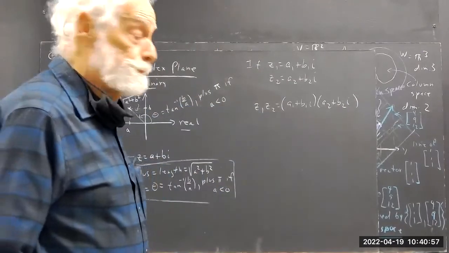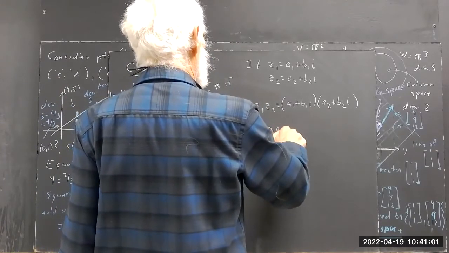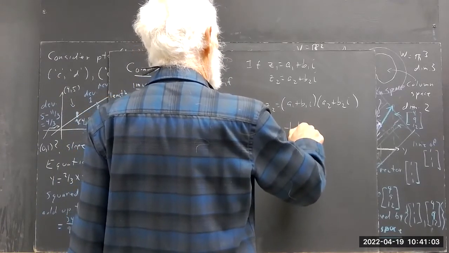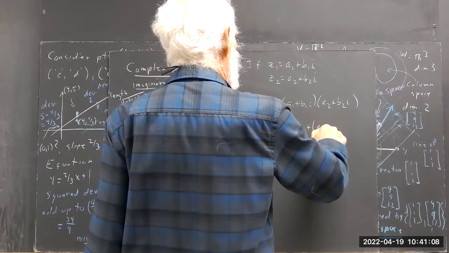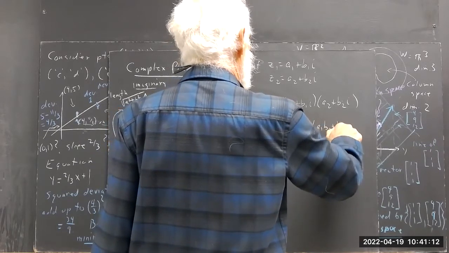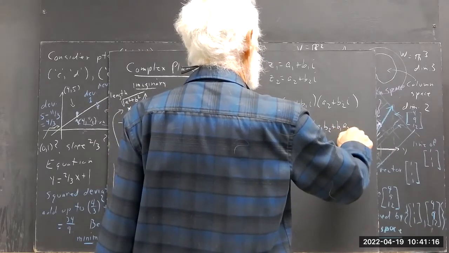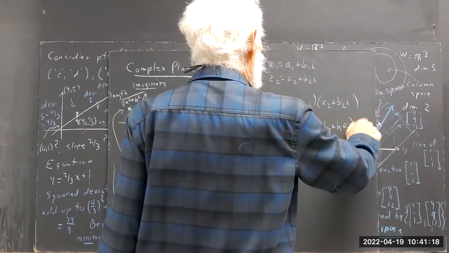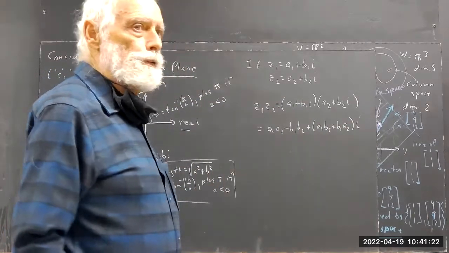Multiply these, you get A1 A2 minus B1 B2 plus A1 B2 plus B1 A2 times i. Okay, that's just by the distributive law.